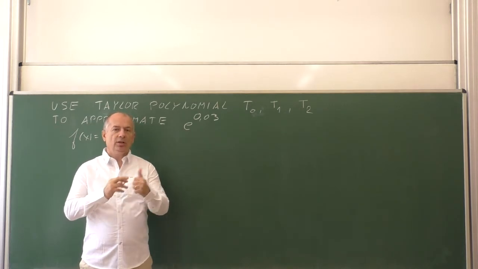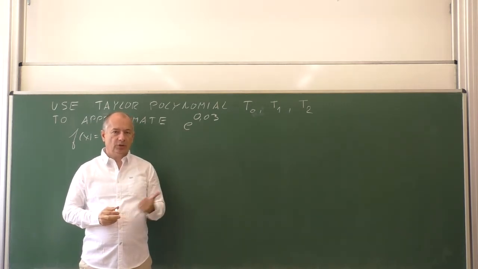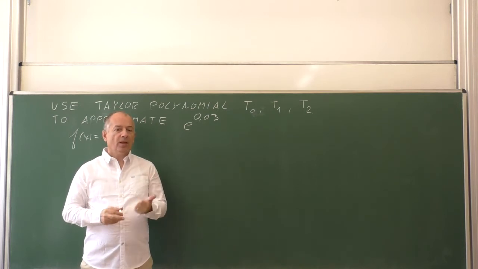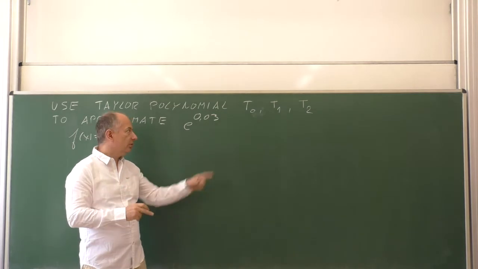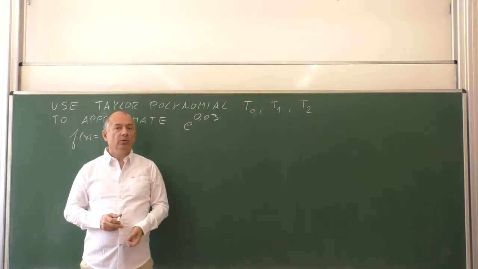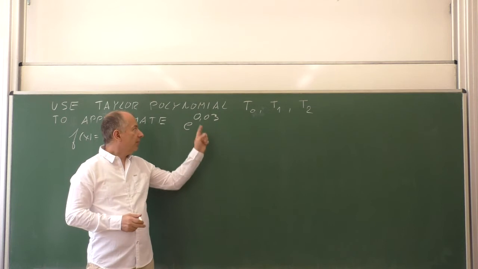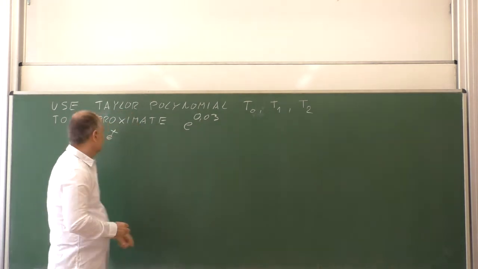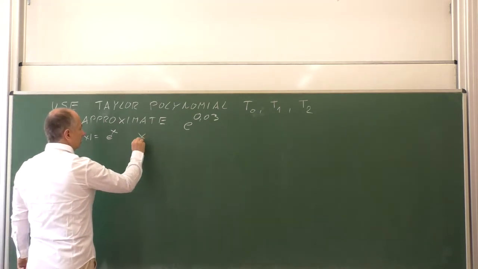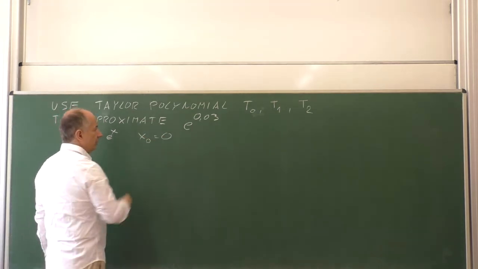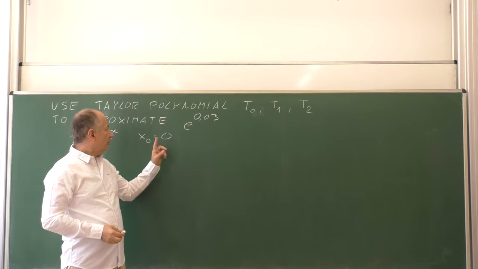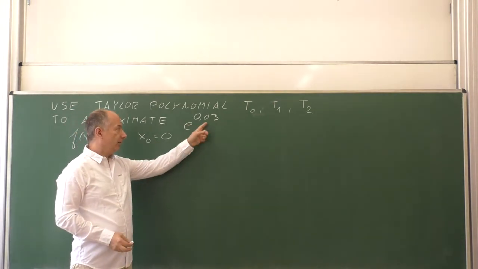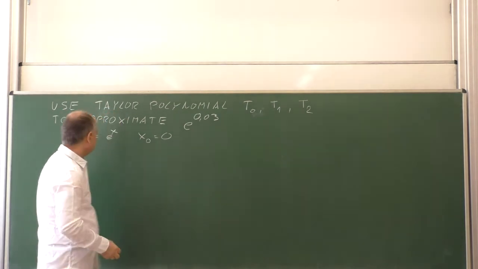It should be easy to compute the derivatives and the function value at this good point, and it should be close to the value where we want to approximate the function. So 0.03 is close to 0, so we choose x0 to be 0. This will be easy to compute because e to 0 is 1 and it is close to this value.